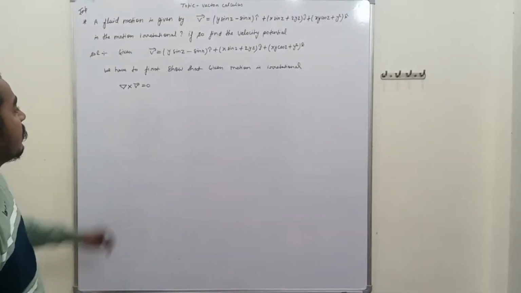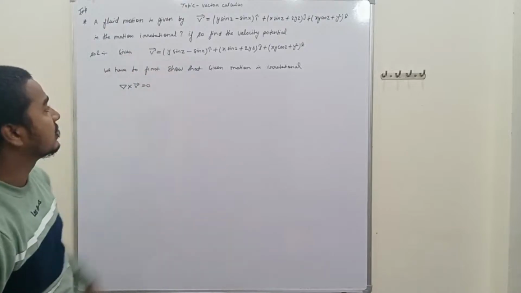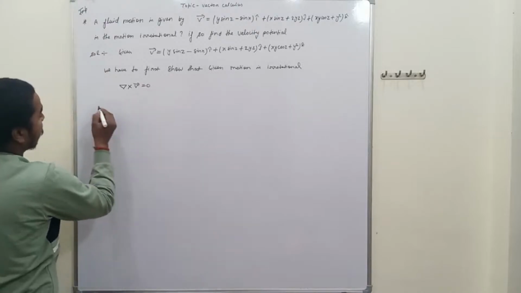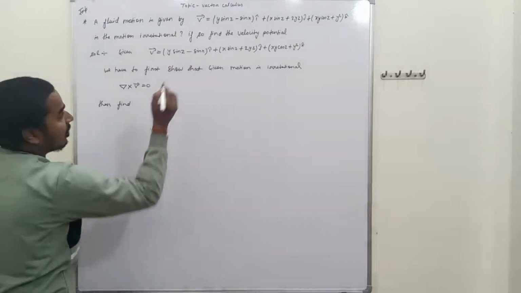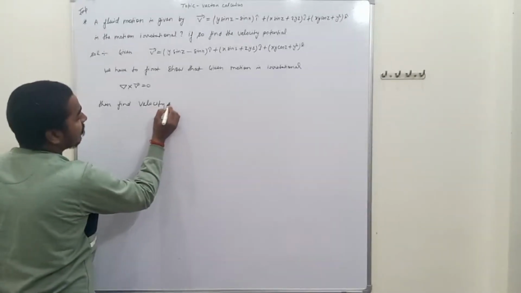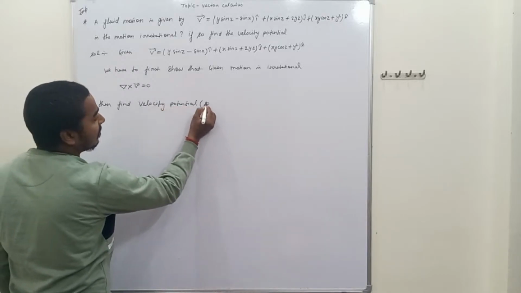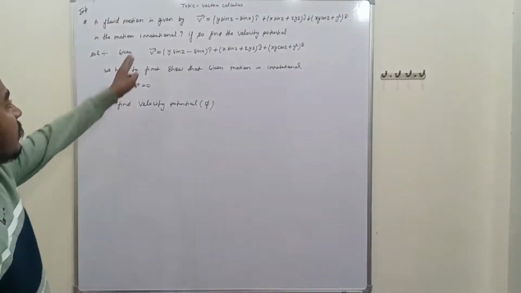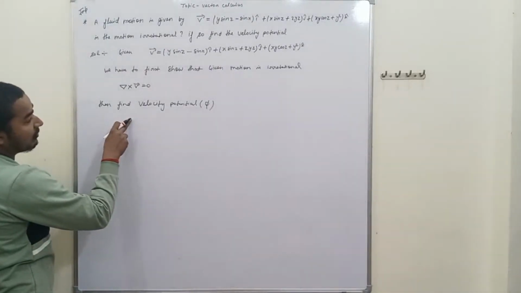If 0 comes, then we can say the given vector field, given motion, is irrotational. Further in the question, it says if it is irrotational, then find the velocity potential, which is denoted by phi. First we have to show the given motion is irrotational, then we have to find the velocity potential.